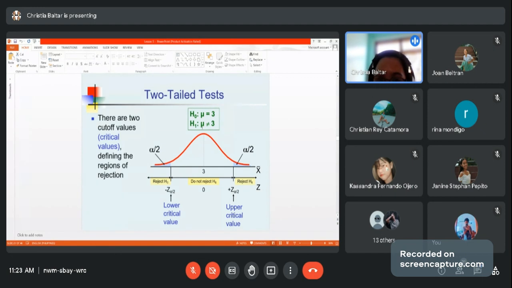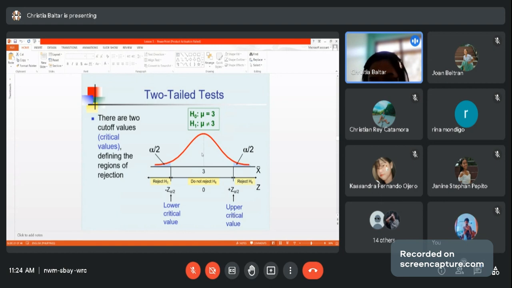Whenever we have a two-tailed test, we divide our level of significance alpha into two. That reflects on the left and the right side of your rejection region. This part here is the non-rejection region. Whenever your z-test falls in the non-rejection region, your decision is not to reject.